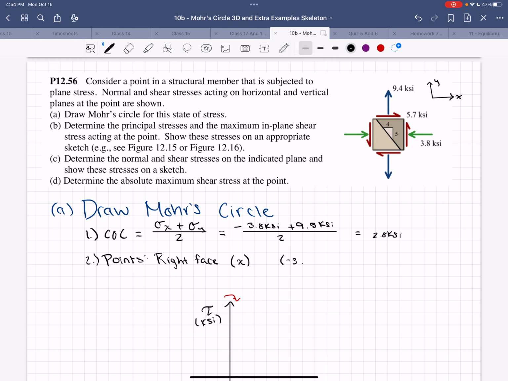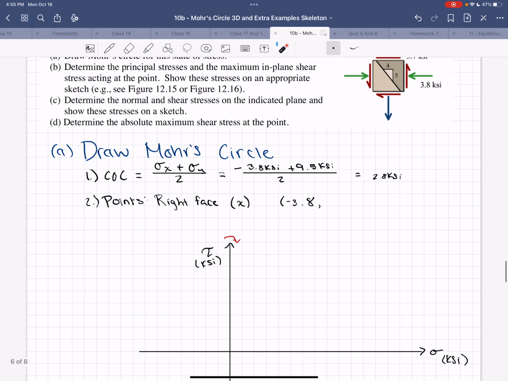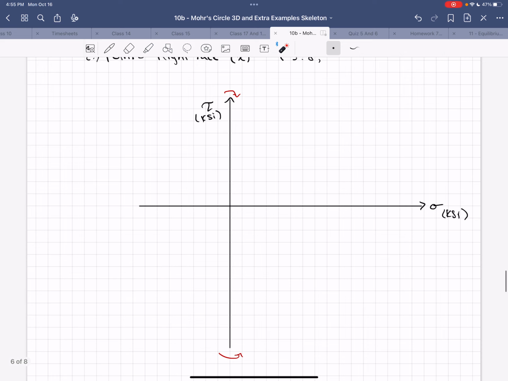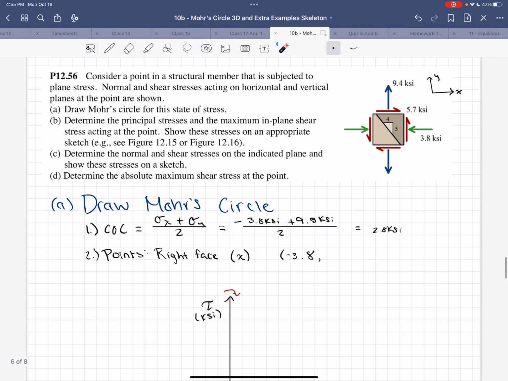So we have negative 3.8, and then shear, if we look at this arrow, it would twist counterclockwise. If we look at our little arrows here, positive goes clockwise, negative goes counterclockwise. So this is negative for us. So this would be negative 5.7.